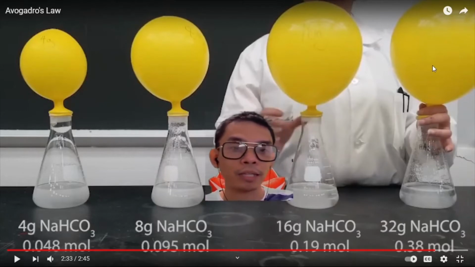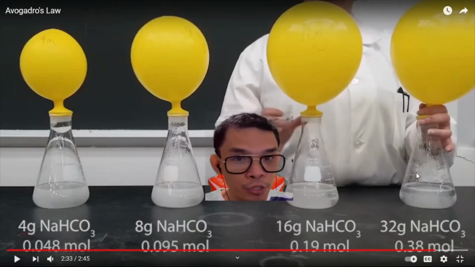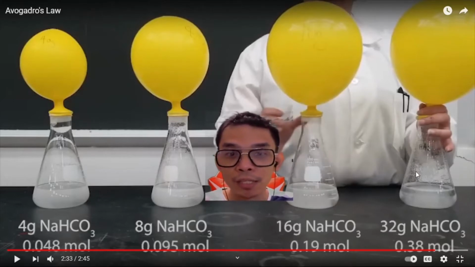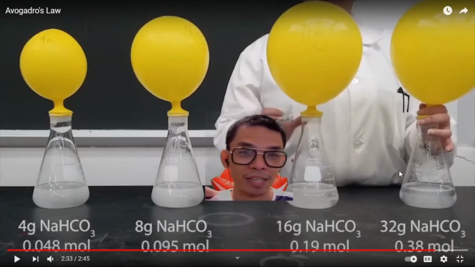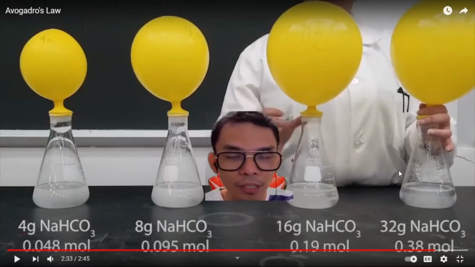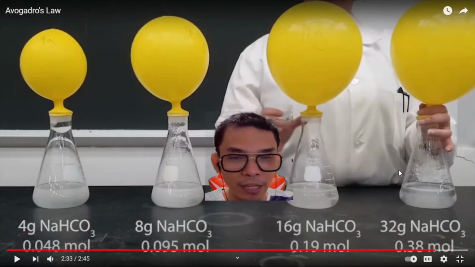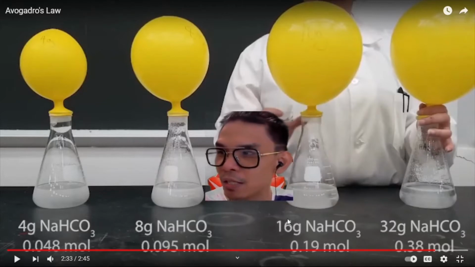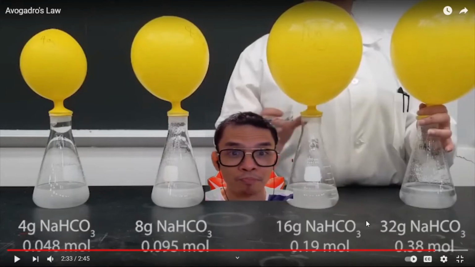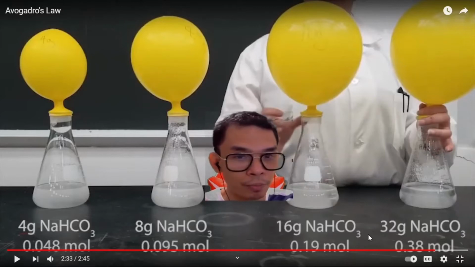So it means that the gas that was produced, we have a constant here, which is the amount of acetic acid. The variable that is manipulated is the amount of sodium bicarbonate.